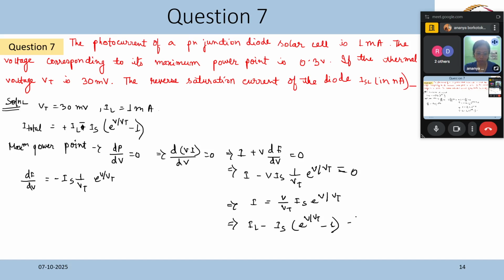This is equal to V by Vt at the maximum power point times IS exponential V by Vt. So I can rearrange the terms. IL is equal to IS exponential V by Vt minus 1 plus V by Vt exponential V by Vt. Okay.